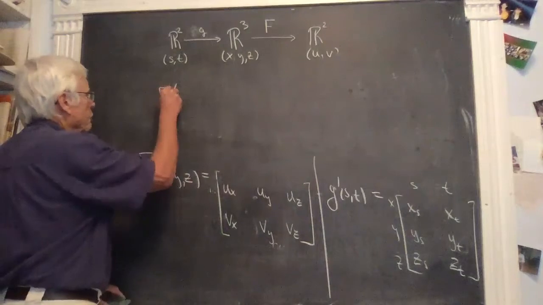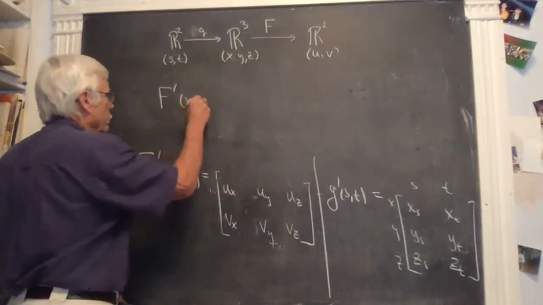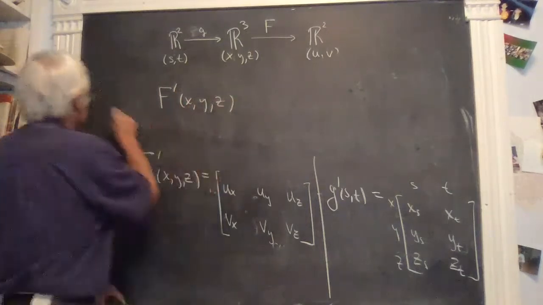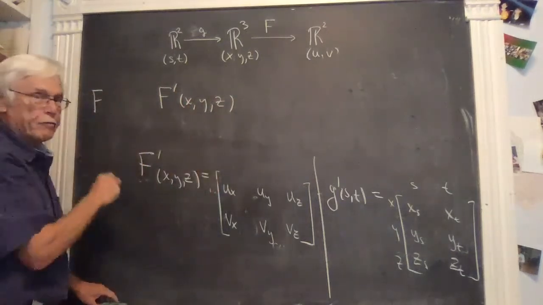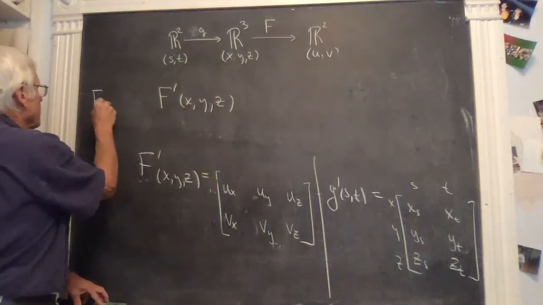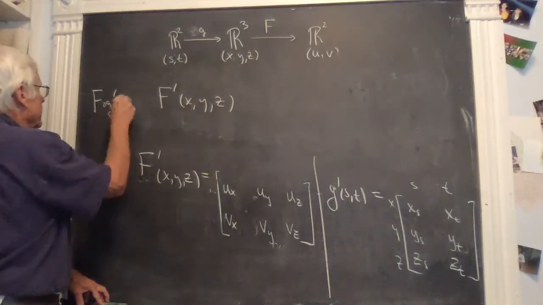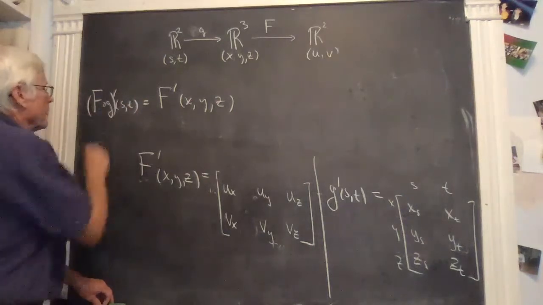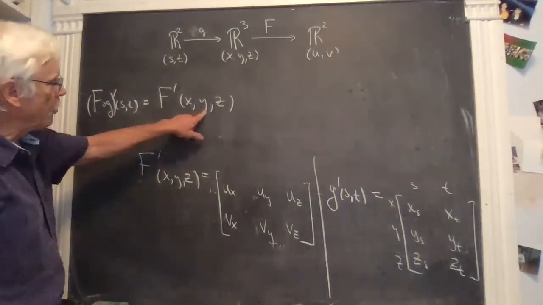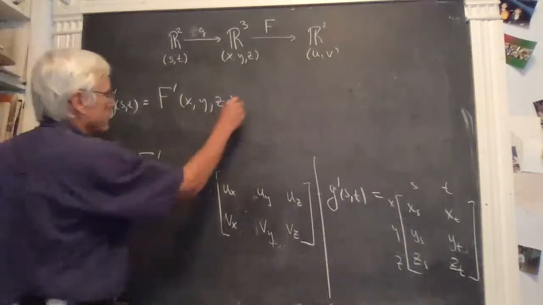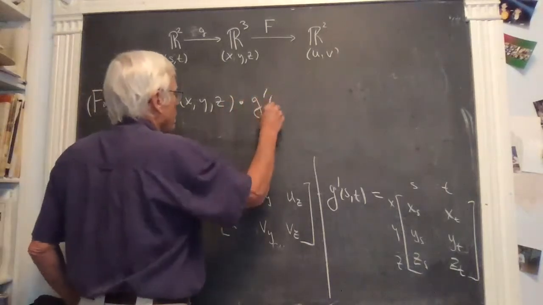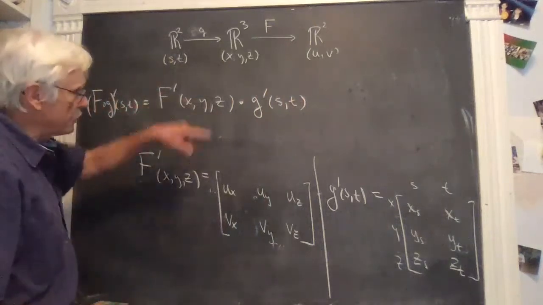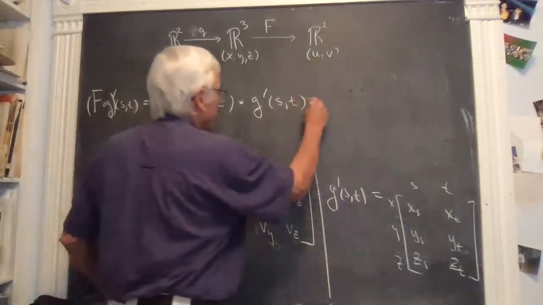So f prime of x, y, z, let's do this, f composed with g prime of s and t. I'll put in an intermediate step where I don't substitute for those at first. So let's just do this step first and see what it is.